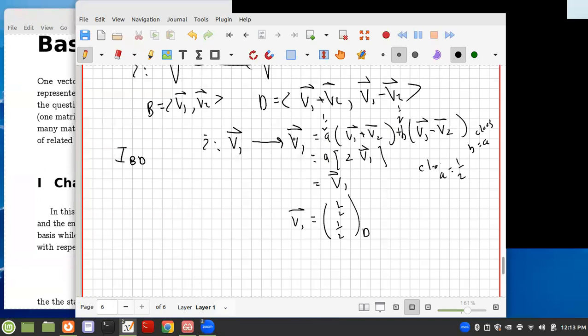It means that V1 represented in basis D is 1/2, 1/2, because what this means is 1/2 of the first one plus 1/2 of the second one. The V2s will cancel out. I'll double the V1s, but the 1/2 will cancel out the 2. So I really will get the same vector back.